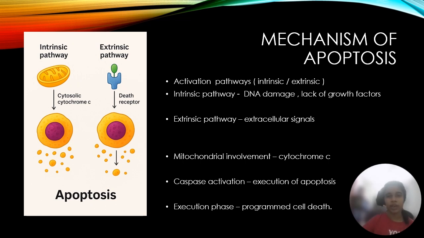Let us recap whatever we discussed in the intrinsic pathway. First, it is activated through some kind of stress or damage, like DNA damage. Then it will activate the BCL2 family proteins.